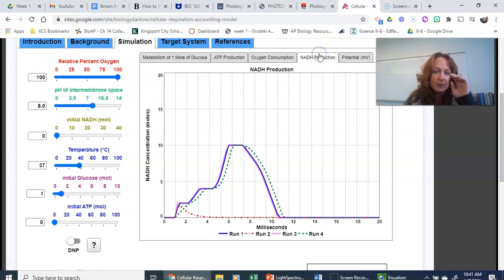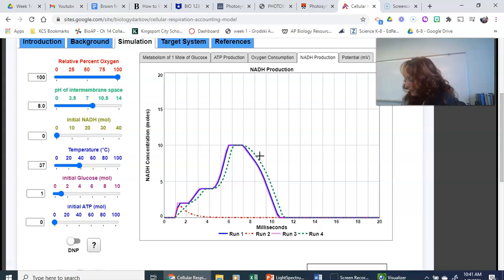And let's see what happened to the NADH. So for run 3, there's no change. So when you give it more hydrogen ions, it didn't give you a different pattern in your NADH. And the same thing happened again here when I had less hydrogen ions, a higher pH. It's the exact same pattern, but it's delayed.